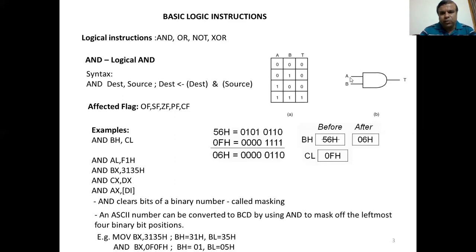Here the 2 bits A and B are ANDed to produce the result T. So here zero and anything is 0. One and 1 is always 1. So this is how the AND instruction works.